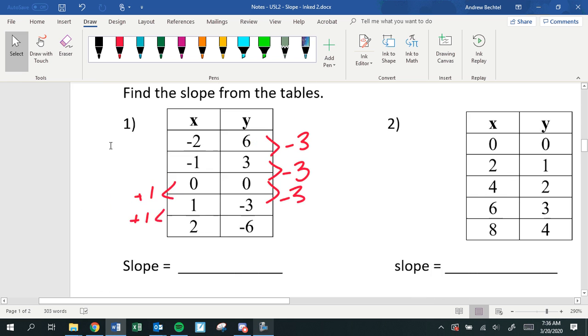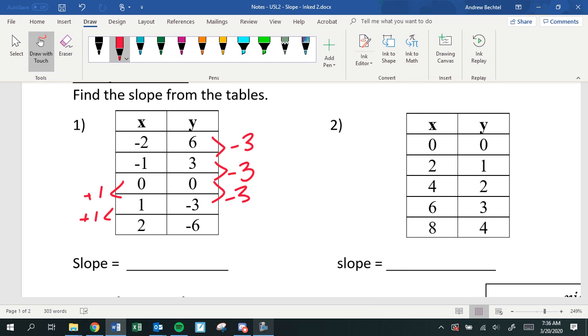In either case, we see that the change in y is negative 3. That goes on top. The change in x is 1. That goes on bottom. We can leave it like this, or because it's a fraction, we can divide that. Negative 3 divided by 1 gets you negative 3. Since that number is a whole number, we would go ahead and do that.